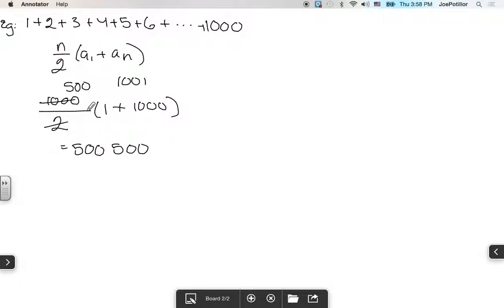Now, there is a general way to write this kind of idea. And the teacher did punish the guy named Carl Friedrich Gauss.